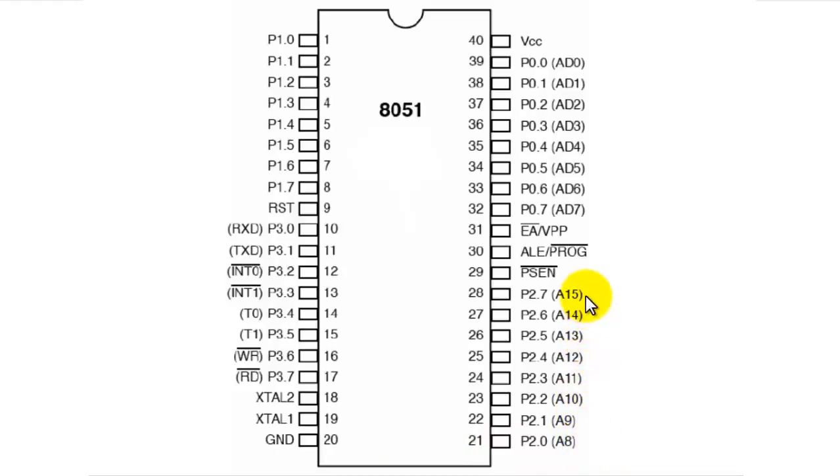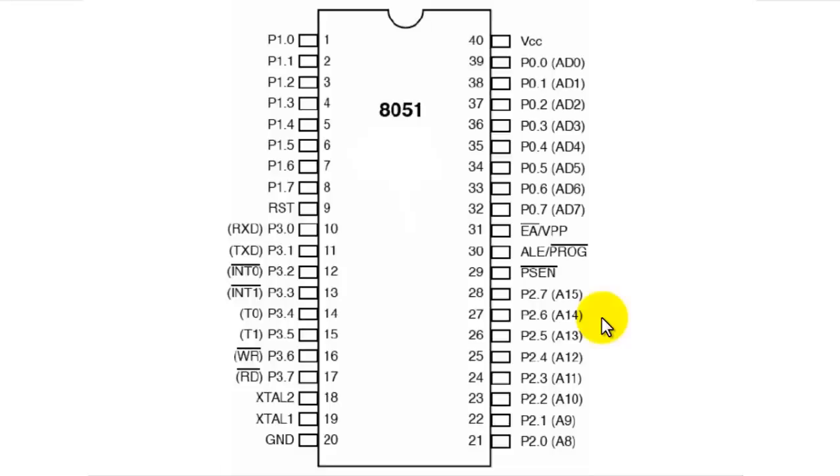This simply means that it is the higher byte of the address that it will be using for communication of address to the external peripheral that will be connected to it whenever external memories are connected to the 8051 microcontroller.